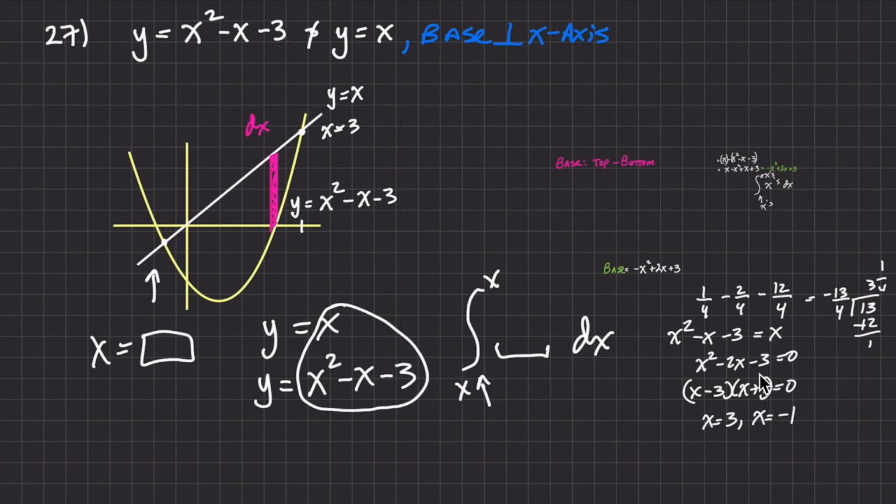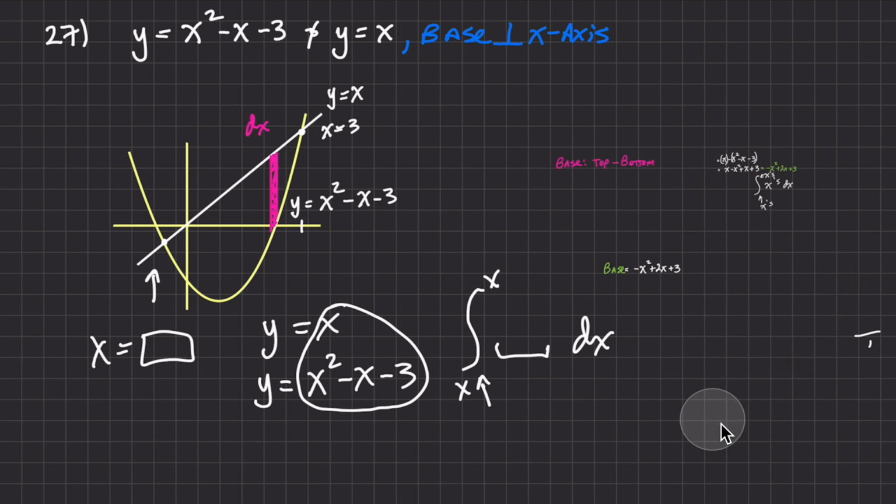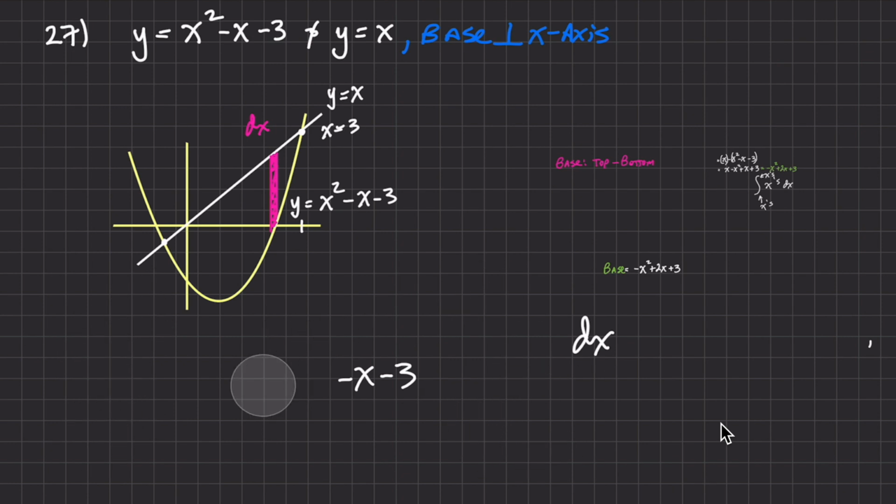We put everything on the left side and factor, and we get x equals 3 and x equals -1. So that is how we get our beginning and end to our integrals for these problems coming up. Okay, so let me go ahead and put x equals -1 here and x equals 3 there.